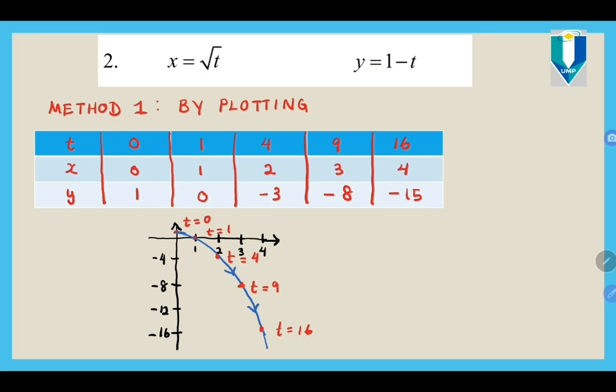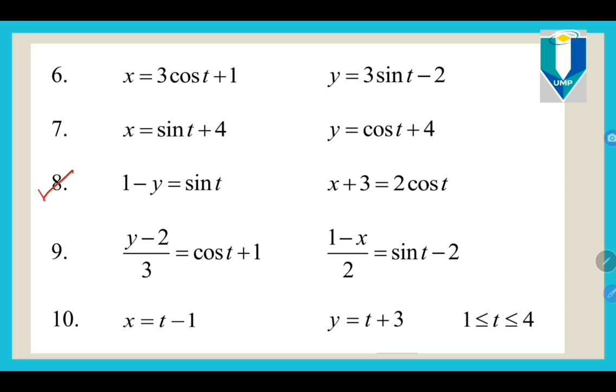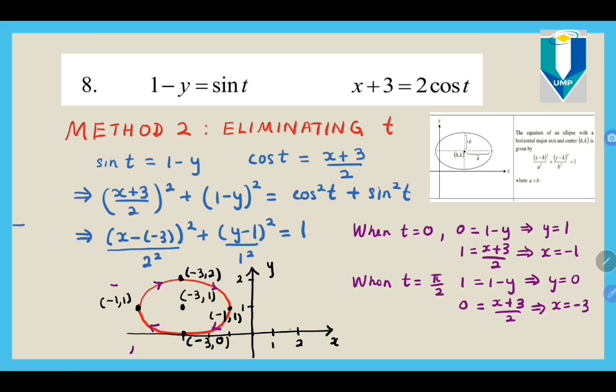For number 2, I use the first method, which is plotting. So we plot it and then we will get this curve. I'll show you in class. For number 8, I'll show this also in class. You can use method number 2, which is eliminating the variable t.